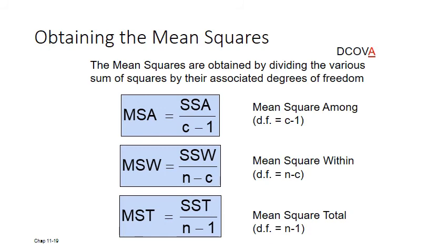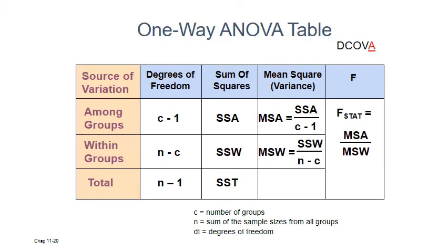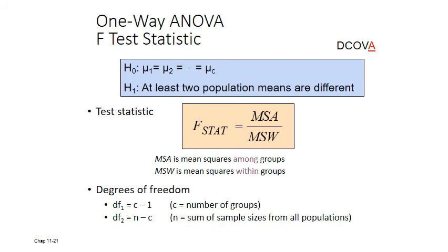So here it is: MSA equals this, MSW equals this, MST equals this. And on the next slide you can see F stat is MSA over MSW. We will substitute the values here, and likewise we will take the decision on the basis of F critical. F critical will come from alpha by 2, degree of freedom 1, and degree of freedom 2.